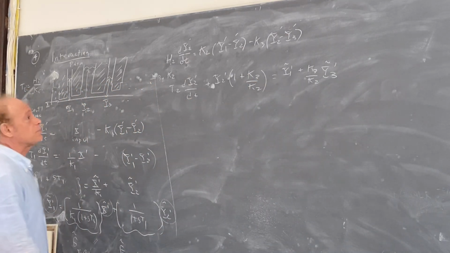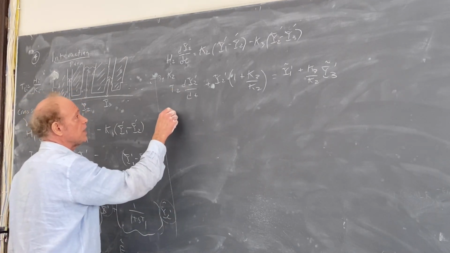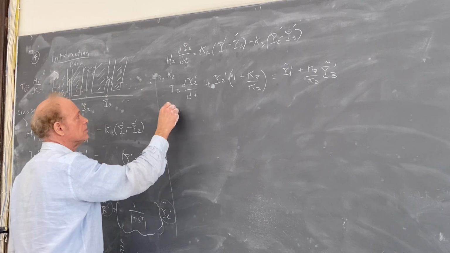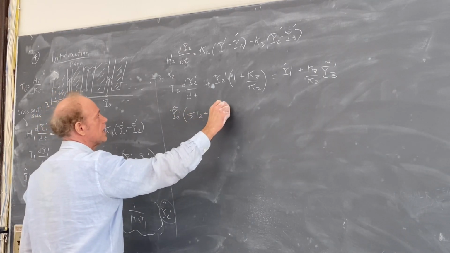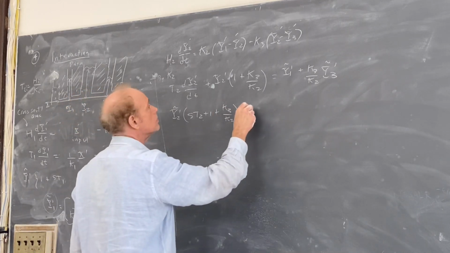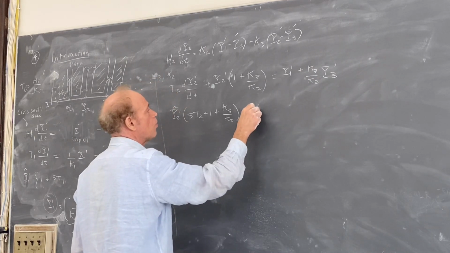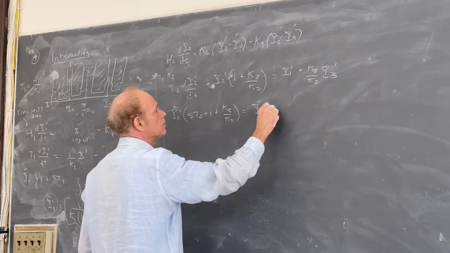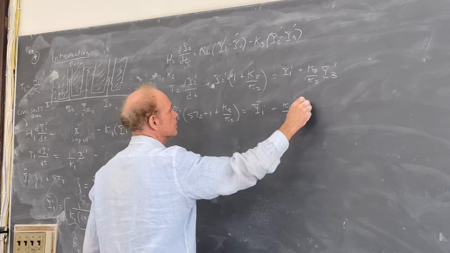And when I take the Laplace transform, this is going to give me y2 prime tilde times st2 plus 1 plus k3 over k2 is equal to, and I didn't have any tildes here, y1 prime tilde plus k3 over k2 y3 prime tilde.